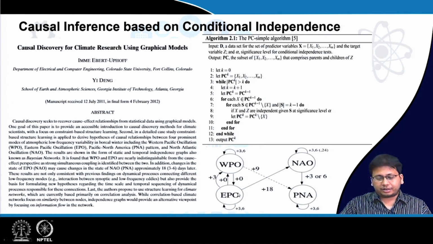So here it seems that EPO will be influencing NAO with a lag of about 18 days. Similarly, WPO weakly influences PNA at a lag of 9 days. Similarly, there are these 0s, they indicate contemporaneous relations, that is, the cause effect relations take place simultaneously.